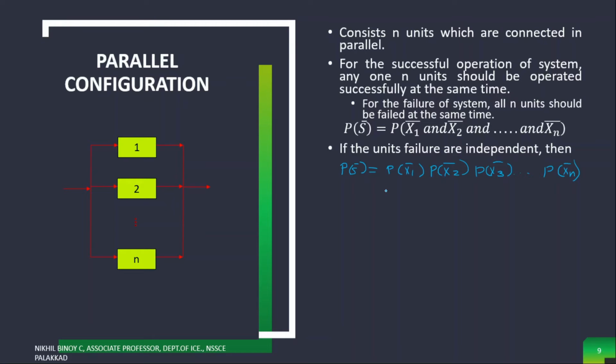So if the units are independent, then P of S bar is equal to P of x1 bar into P of x2 bar into P of x3 bar into P of xn bar.